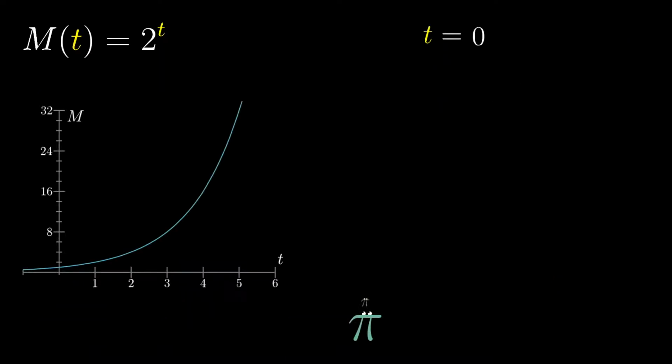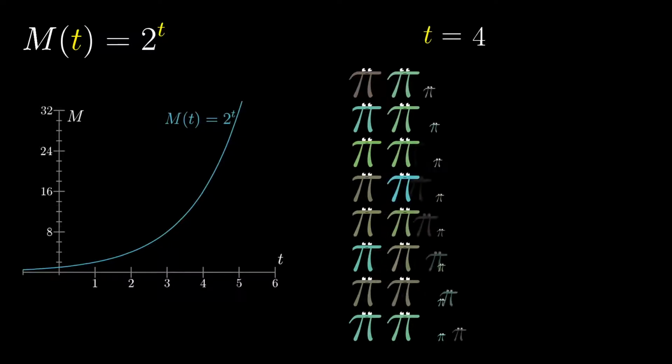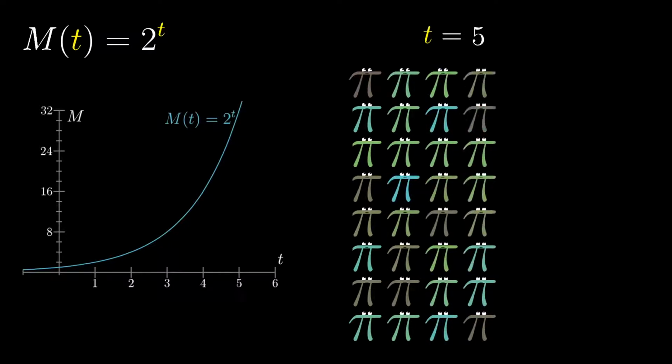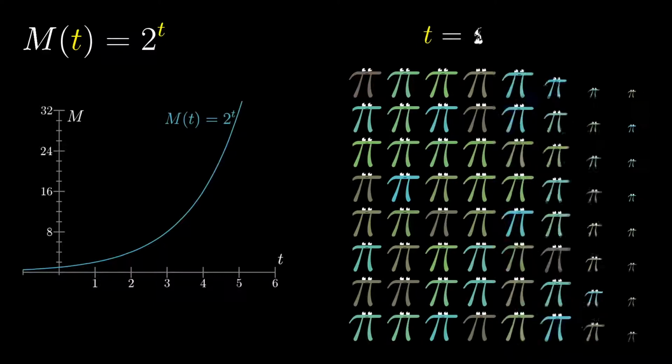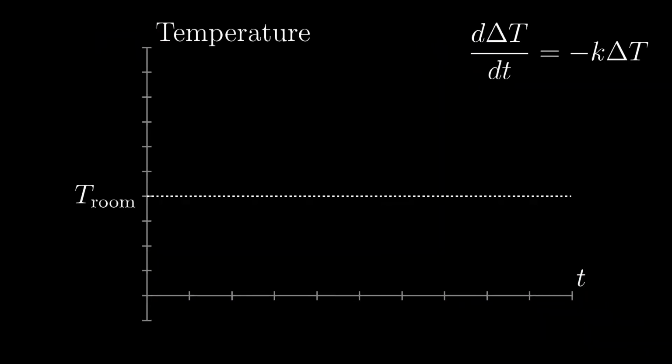All sorts of natural phenomena involve some rate of change that's proportional to the thing that's changing. For example, the rate of growth of a population actually does tend to be proportional to the size of the population itself, assuming there isn't some limited resource slowing things down. And if you put a cup of hot water in a cool room, the rate at which the water cools is proportional to the difference in temperature between the room and the water.